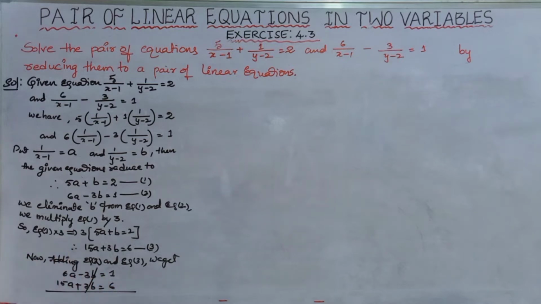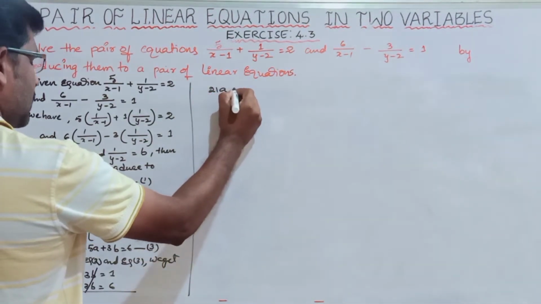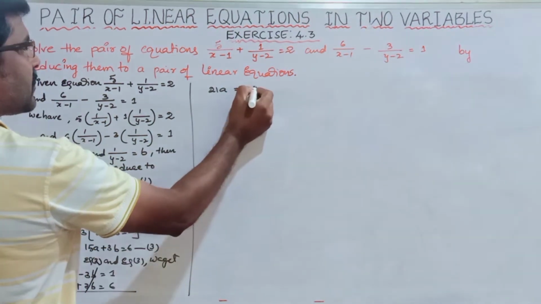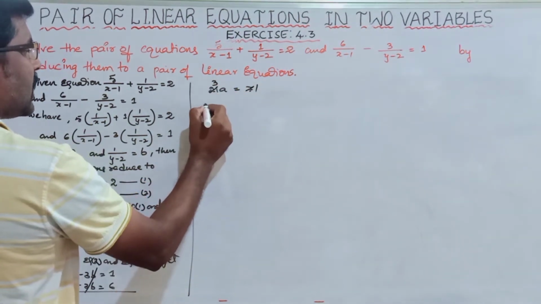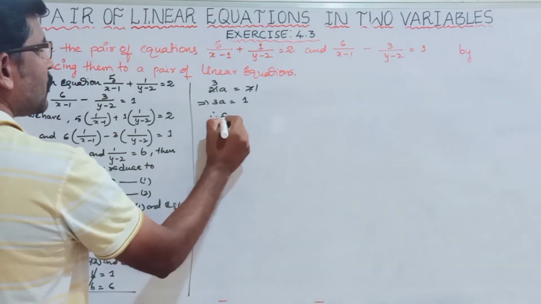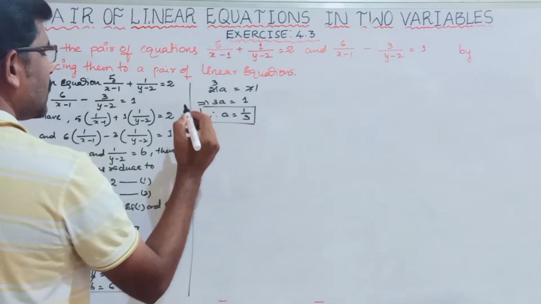Minus 3b plus 3b get cancelled. 15a plus 6a is equal to 6 plus 1, so 21a is equal to 7. 7 ones are 7, 7 threes are 21. It implies 3a is equal to 1. Therefore, a is equal to 1 by 3.